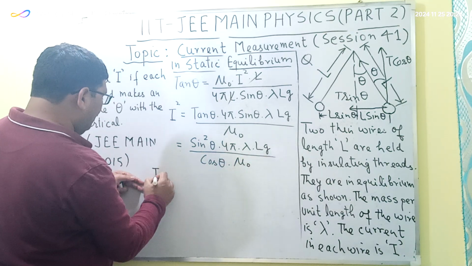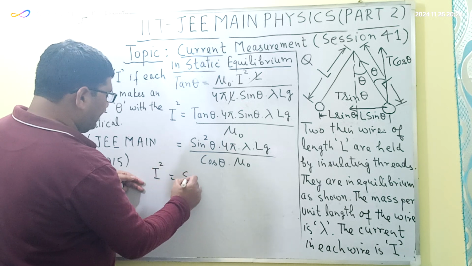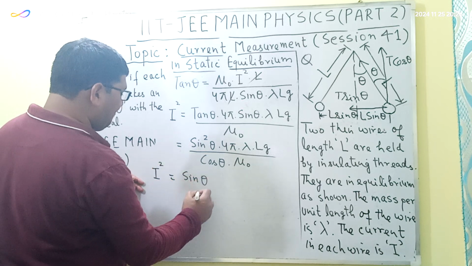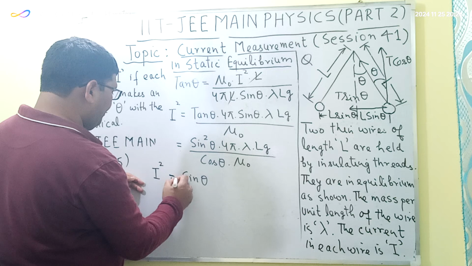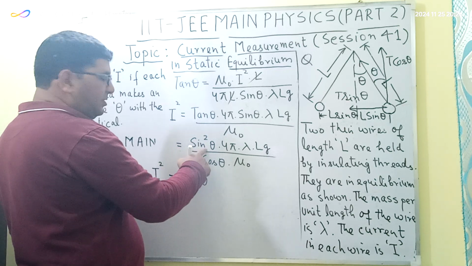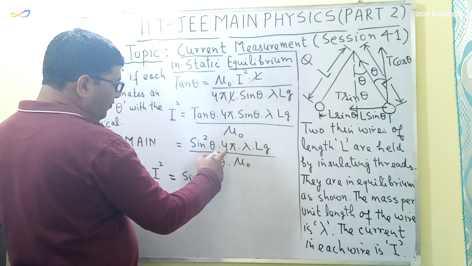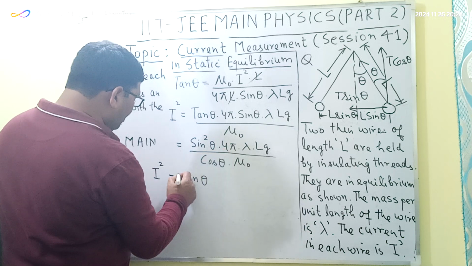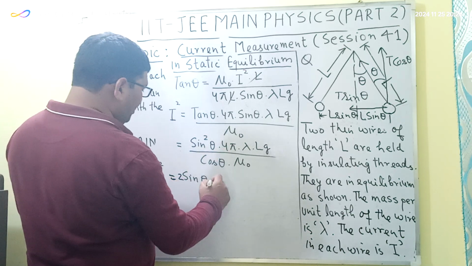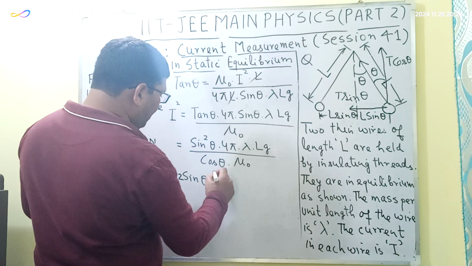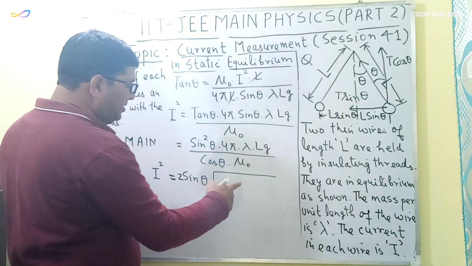So I will be equal to sin theta, since the under root of sin square theta is sin theta, and here it is written 4 pi, so the under root of 4 will be 2. So sin theta and the rest of the terms will be taken in the square root.